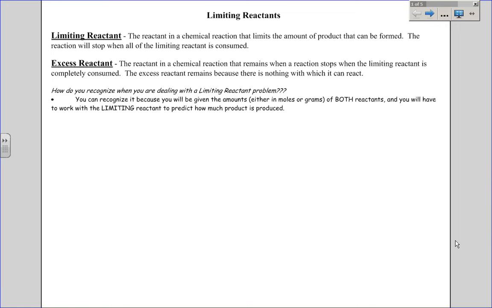And so we've known that that is what we need to use in order to determine information about any other reactants or products. In limiting reactant problems, what you'll see is that you're going to be given information about more than one reactant. And when you're given information about more than one, you're not going to know which one the reaction is based on. So you need to identify first, before you proceed, the limiting reactant.